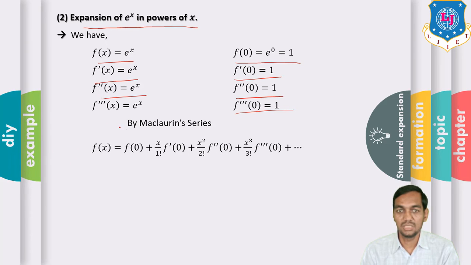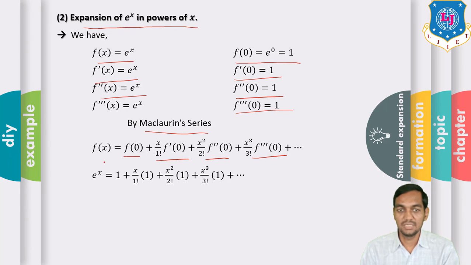So if you put these values in a Maclaurin series, then you will have f(x) is equal to f of 0 plus x upon 1 factorial f dash of 0 plus x square by 2 factorial f double dash of 0 plus x cube by 3 factorial f triple dash of 0 and so on. So that will give you the power series of e raised to x: 1 plus x by 1 factorial into 1, x square by 2 factorial into 1, x cube by 3 factorial into 1 and so on.